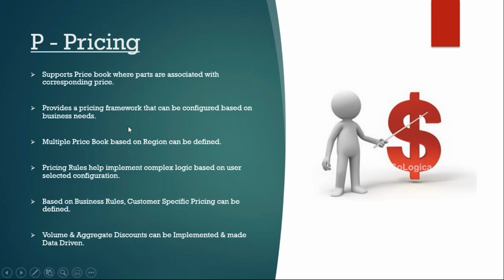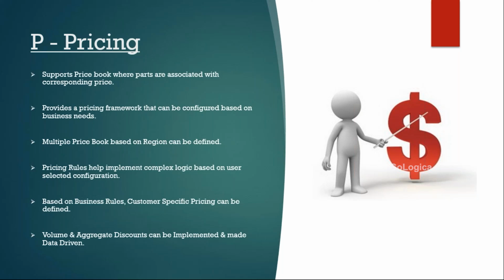And the pricing framework depends upon the business needs. We can develop different types of pricing for them, and we're going to have multiple price books, and pricing rules to implement complex logic. And we're also going to have customer-specific pricing.